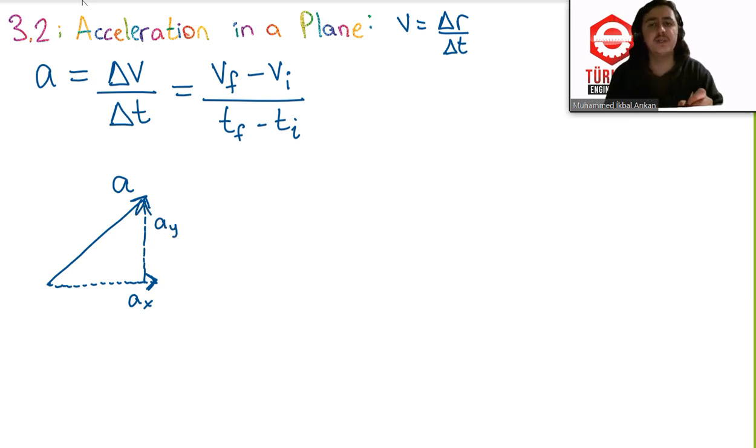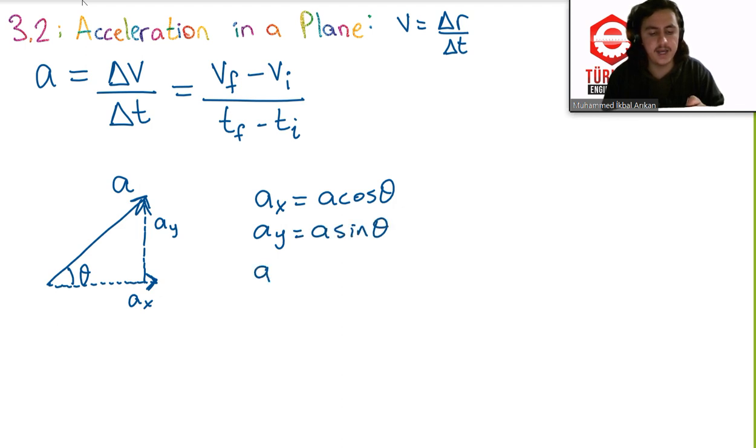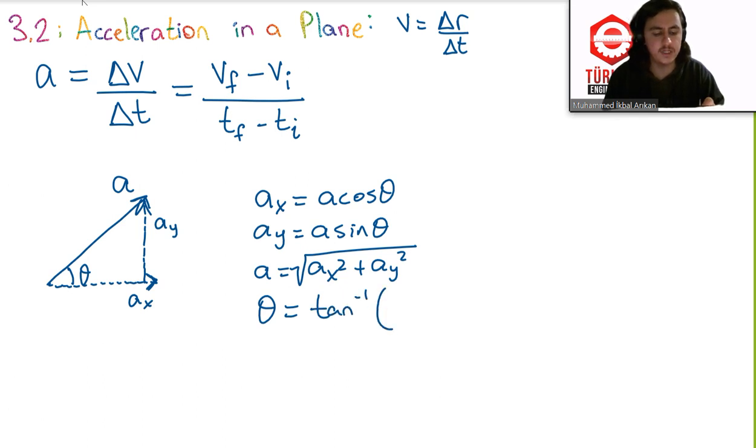So the relations between them will be the same. If you have here a theta, you will get ax equal to a cosine theta, ay will be a sine theta, a will be equal to the square root of ax squared plus ay squared, and the theta can be calculated by arctangent, or inverse tangent, of ay divided by ax.